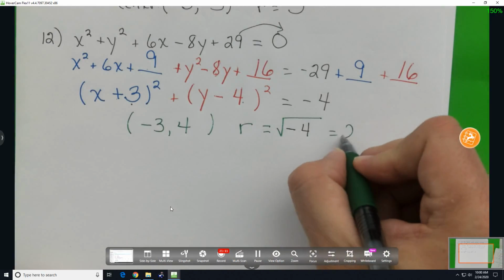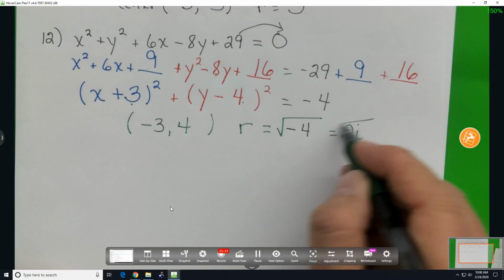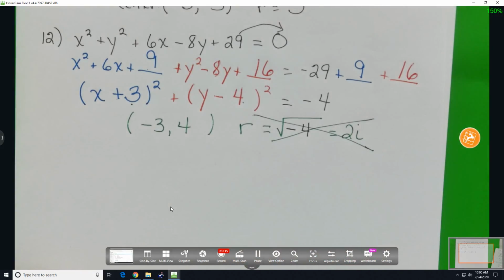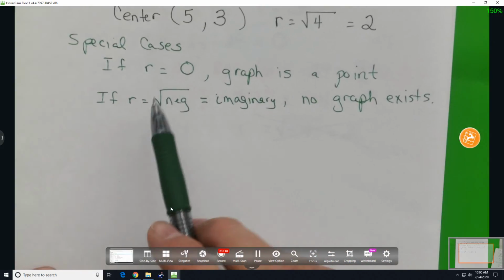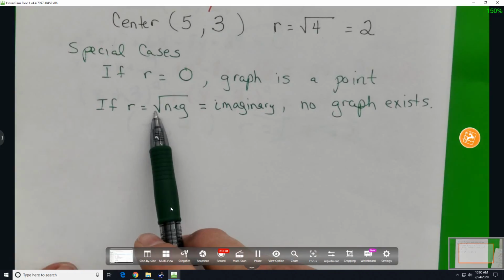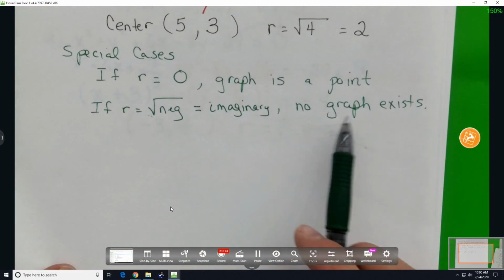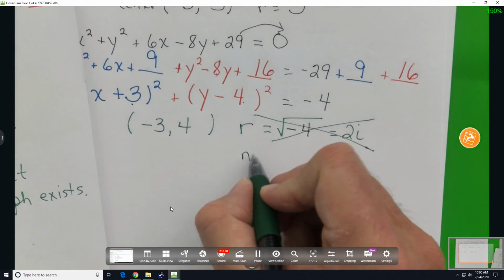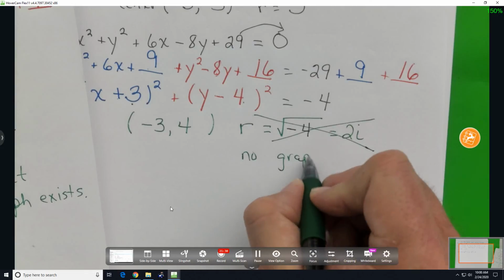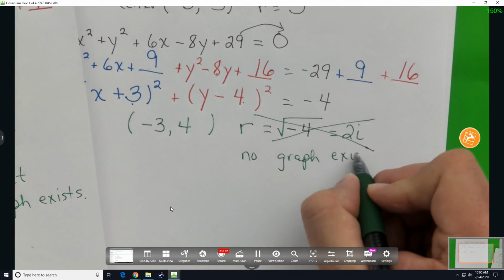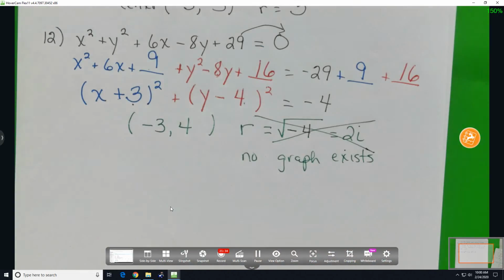It's an imaginary number. That can't happen. If your radius is an imaginary number, you don't even have a circle. Okay? There's no graph at all. So because of this, no graph exists. Not even a point.